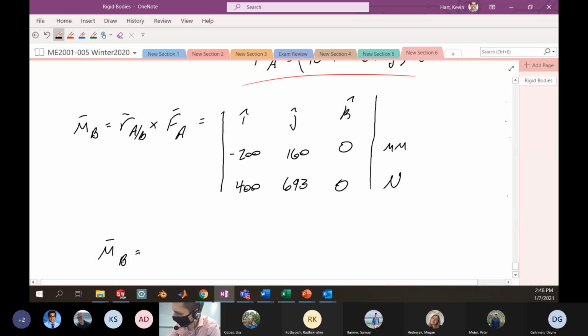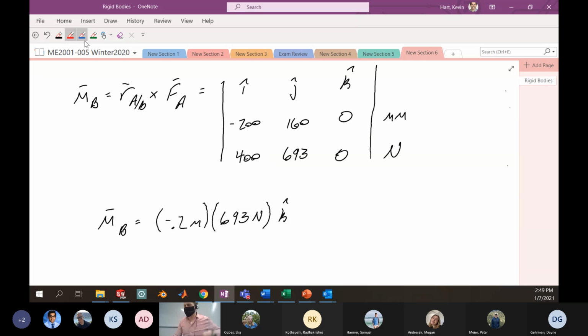So my moment at B, first term, which is a positive term, going down and to the right on my determinant form: negative 0.2 meters multiplied by 693 newtons in the K hat.